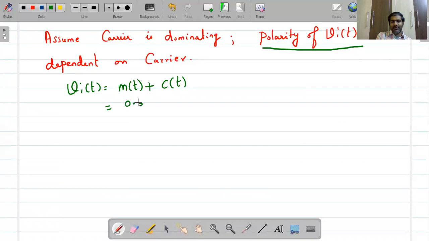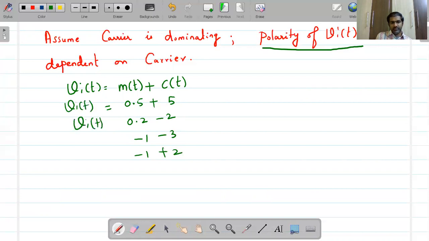Let me take m of t as 0.5 and the carrier as 5. So this Va of t is nothing but the input to the diode.